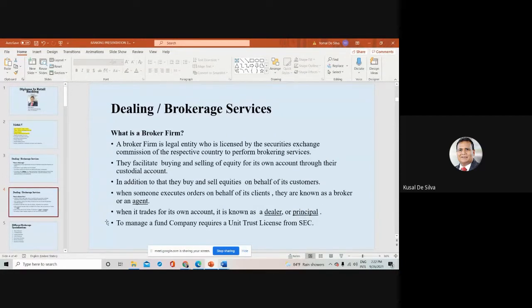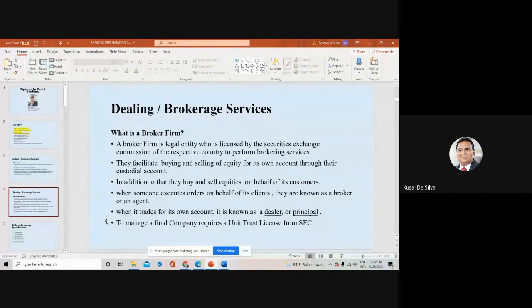To manage a fund, a company requires a unit trust license from the SEC. There are unit trusts under certain banks, different arms, that require a special license from the SEC. A unit trust is a fund.